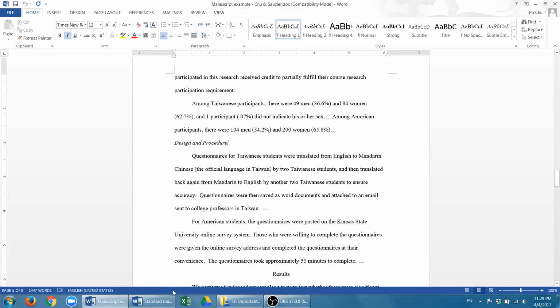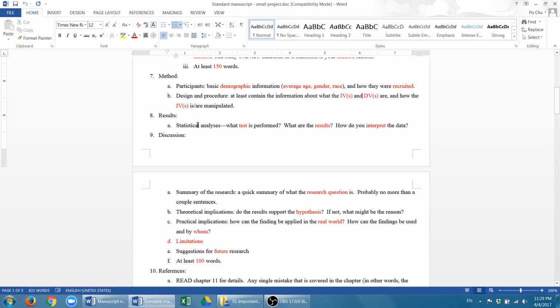Now the next will be the design or procedure. In this section, you will include information about what the independent variable, the IV, is, and how the independent variable is manipulated.